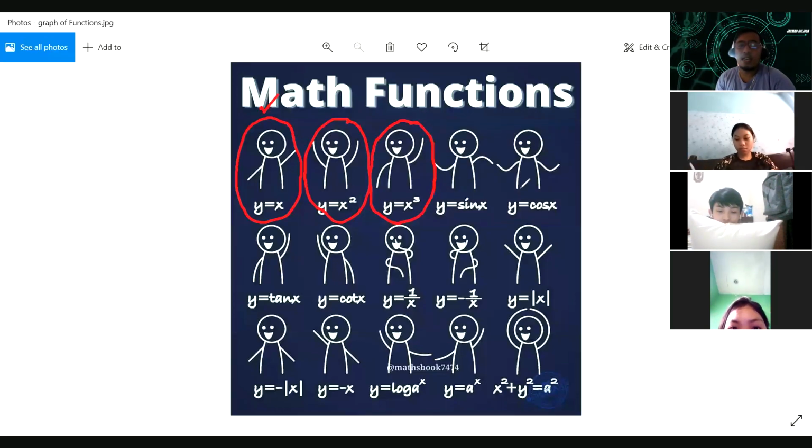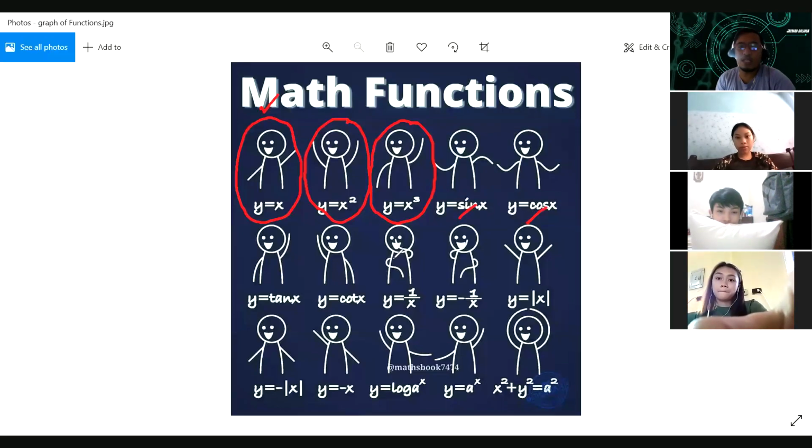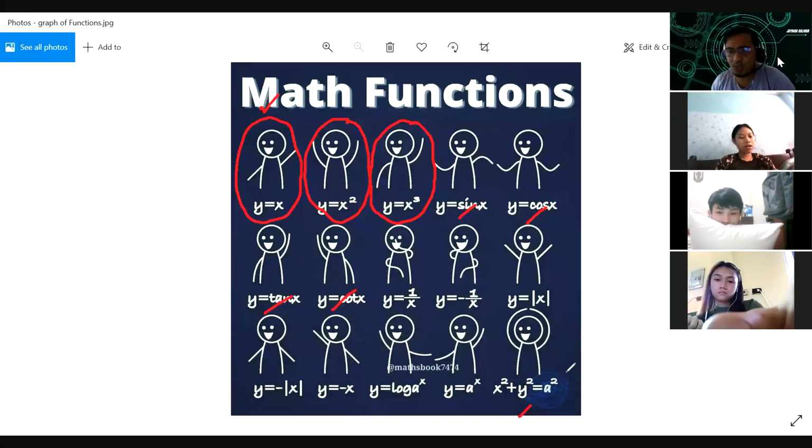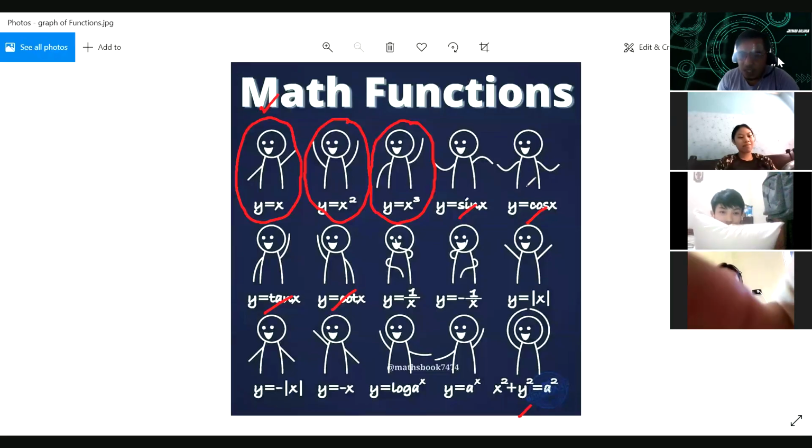These trigonometric functions we have not discussed, because they will be discussed later in pre-calculus. Anyways, this is the sine function, this is the cosine function, the tangent function, the cotangent function.